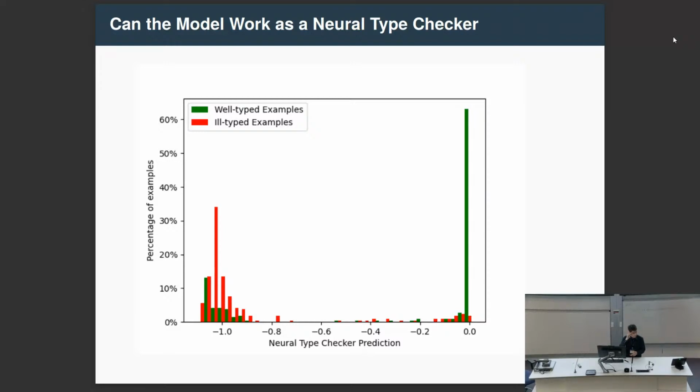Okay, thank you. Sorry, may I have a follow-up question about this? Do you have any idea how the performance of your neural type checker compares to a real type checker? No, I mean in terms of time or other resources. Yeah, it's probably slower. One would think.